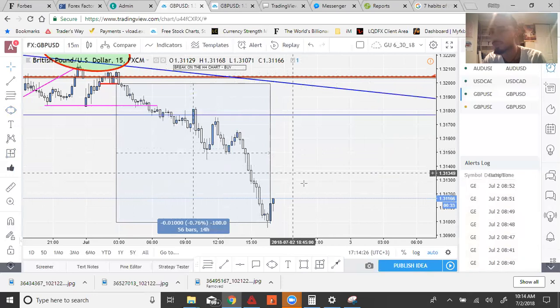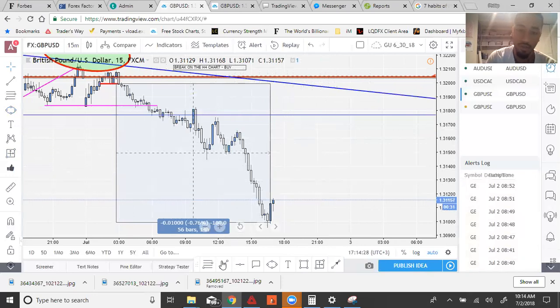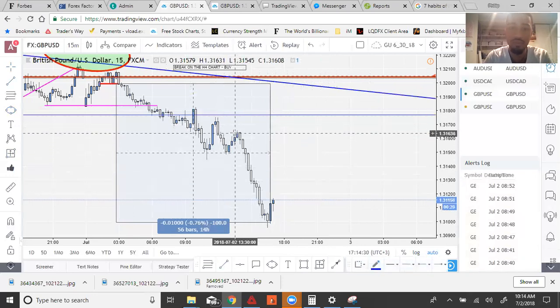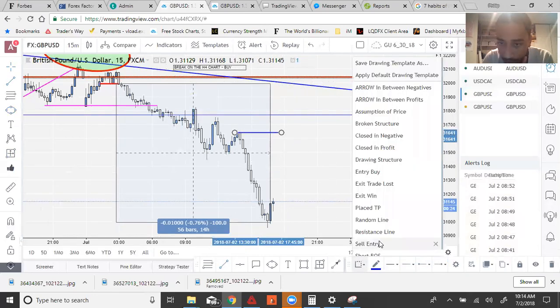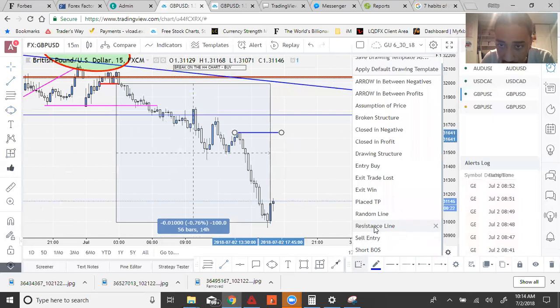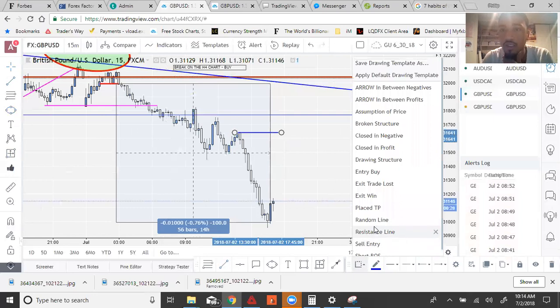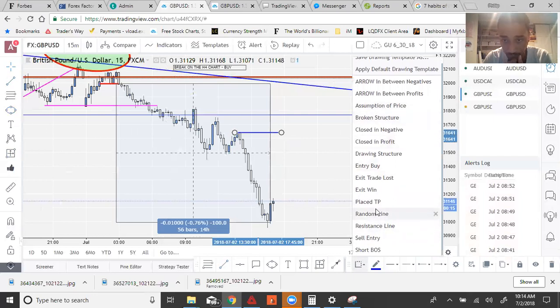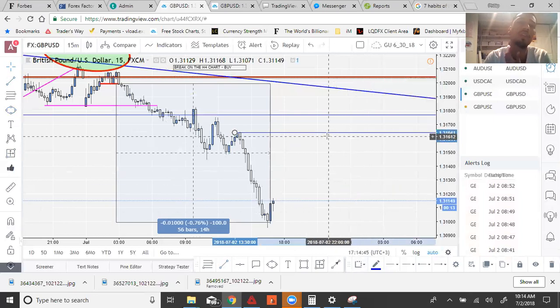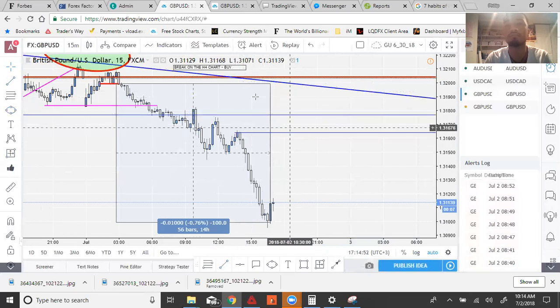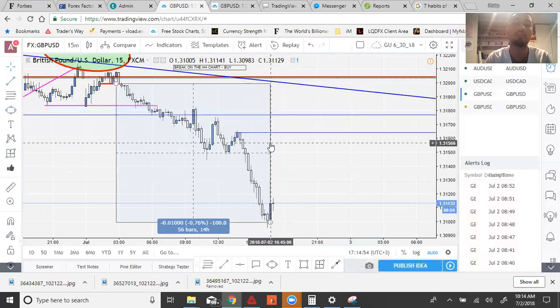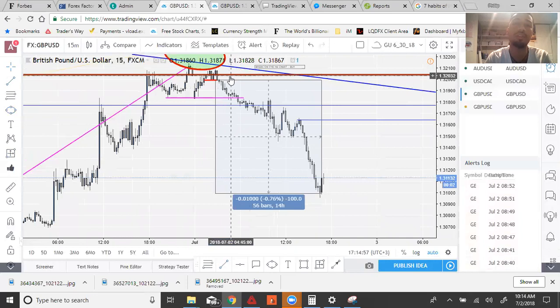But if I see this is trending up, and once price breaks this point right here on the 15-minute chart, then I would definitely look for buys at some point. But it would definitely have to break this point right here.